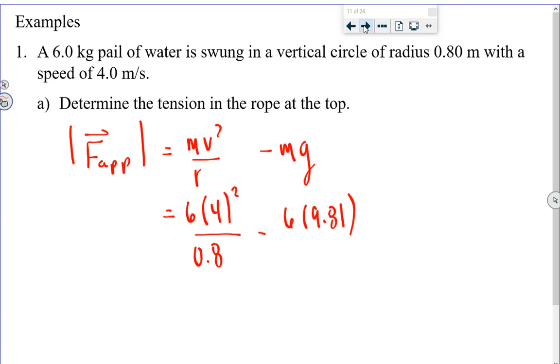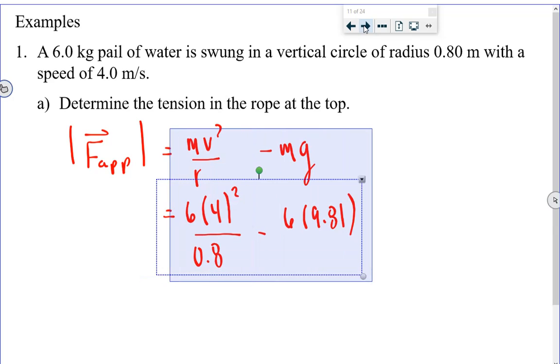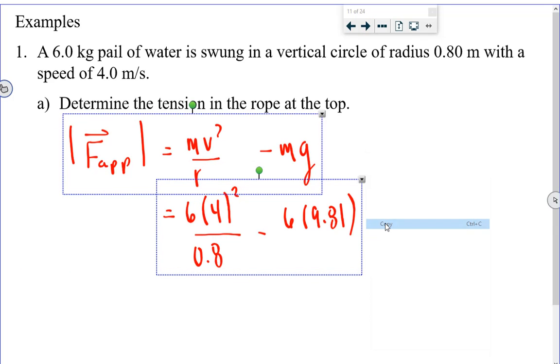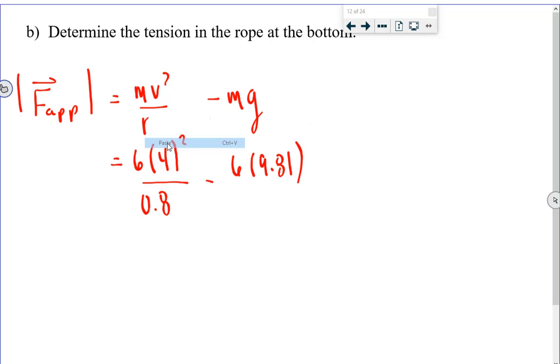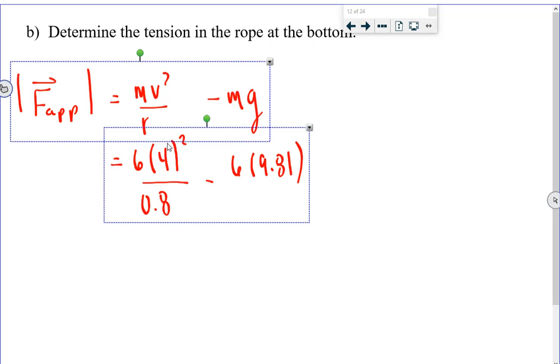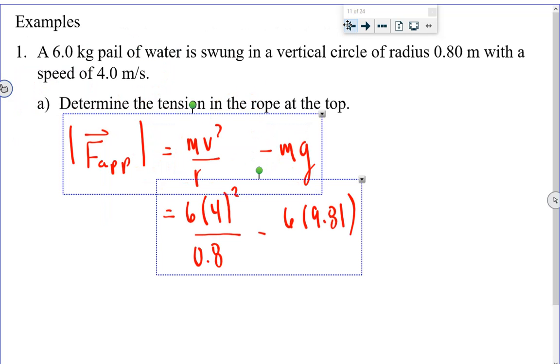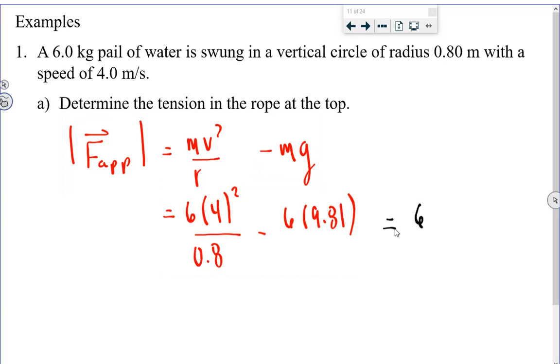So let me know what you get when you've got an answer, please. Looking like 61.4. So I'm going to have faith in my class that yes, indeed it is 61.4 newtons.